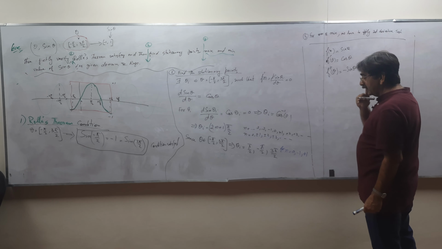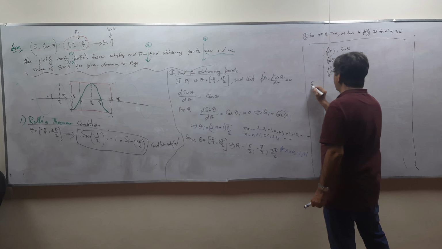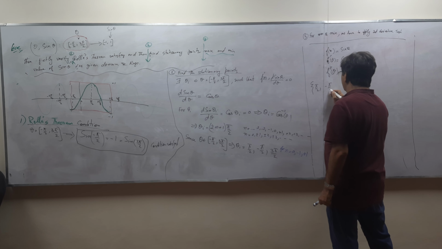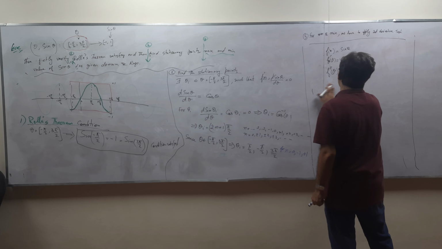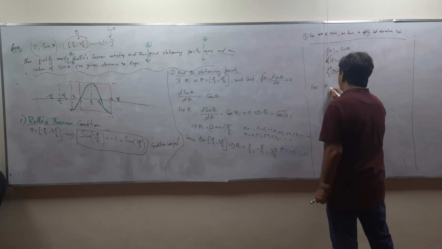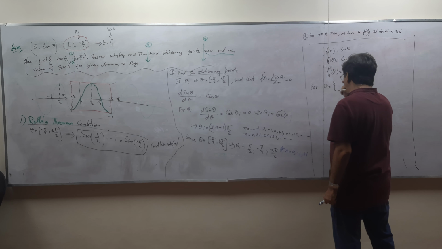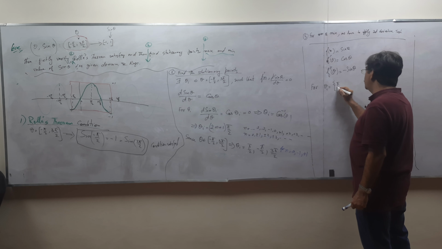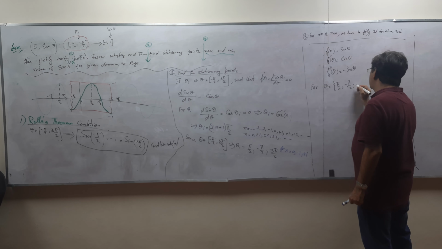The points are given. What are the points? Theta is pi by 2, minus pi by 2, 3 pi by 2. Okay, there are 3.